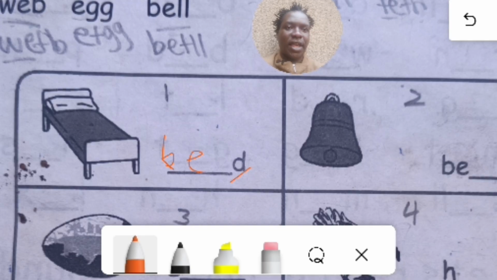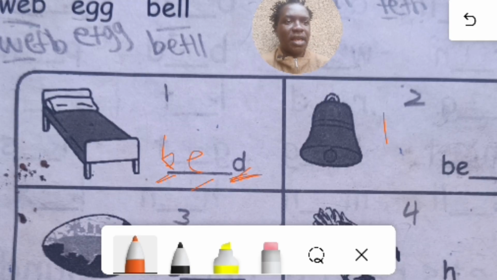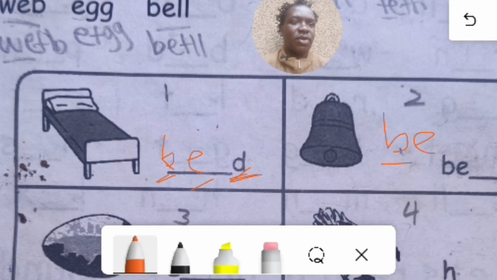Bed: B plus this A plus this D, it gives us bed. Remember, this is consonant and this one is vowel, and also this one is consonant as well. So we have here bell, that starts with B E, this one is consonant and this one is vowel.